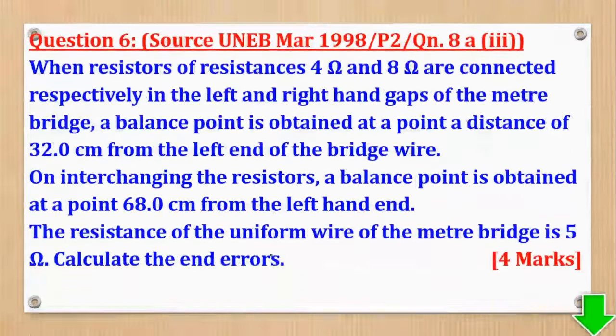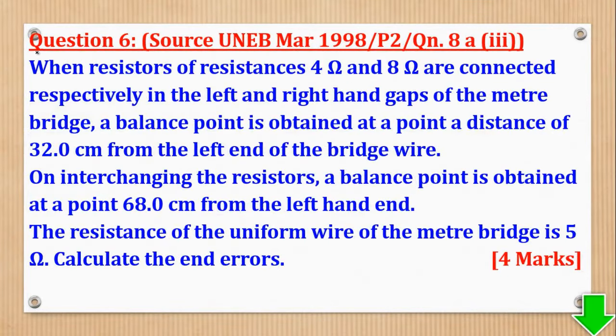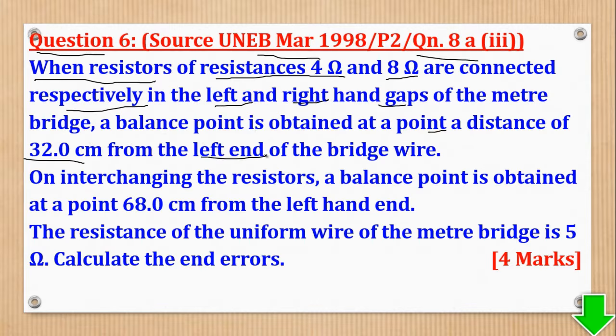But to understand it well, let's go through this question. Question 6 came from UNEB, March 1998, part 2, question 8a, Roman 3, and it says, when resistors of resistances 8 ohm, 4 ohm and 8 ohm are connected respectively in the left and right hand gaps of the meter bridge, a balance point is obtained at a distance 32 centimeters from the left end of the meter bridge.